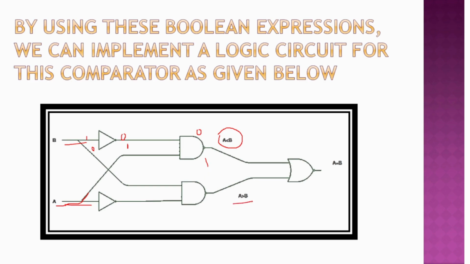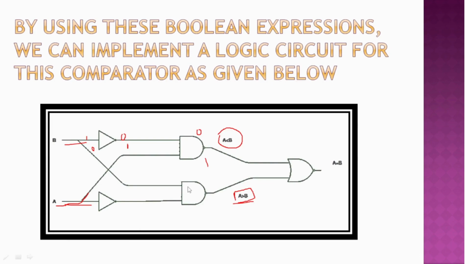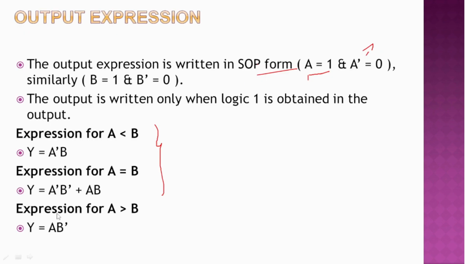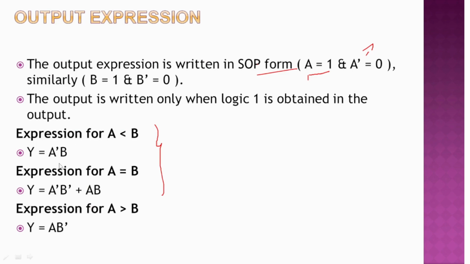Like that, this condition is A greater than B. For A greater than B, we use AB'. See here, this is A, B'. You need to draw the logical diagram for this characteristic equation. All are given in product form, so you need to use the AND gate to draw the logical diagram for these two expressions.